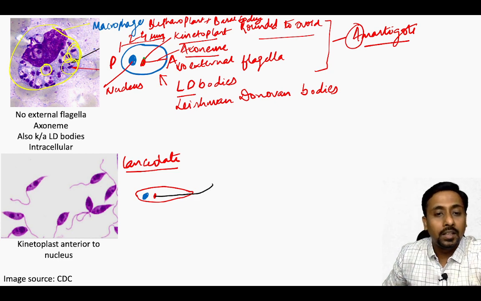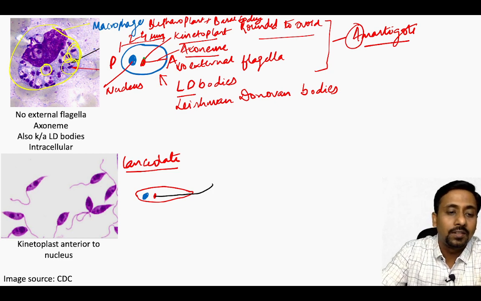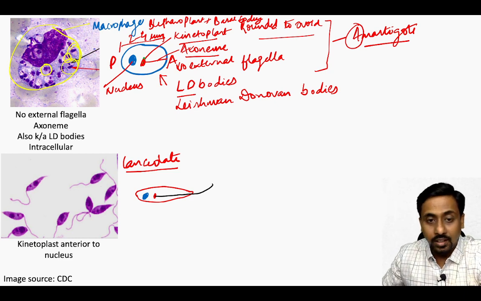What is the difference between amastigote and promastigote? First is the shape, that is lanceolate. Second, there is an external flagella.